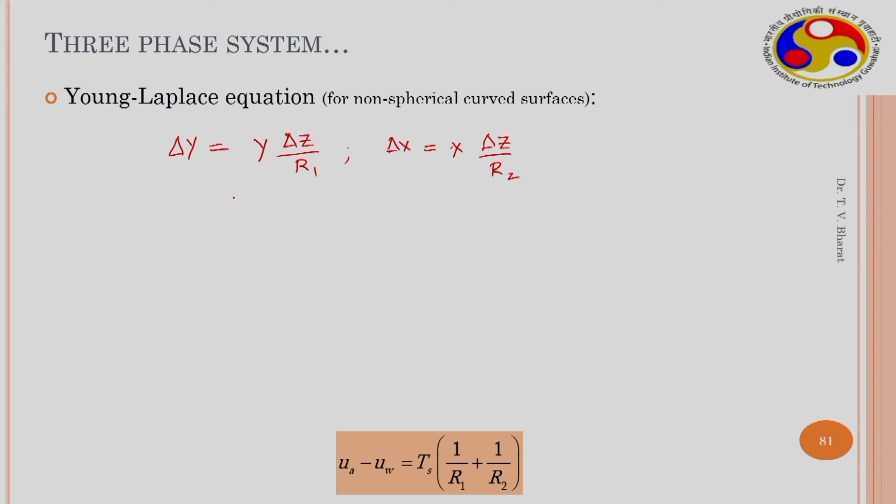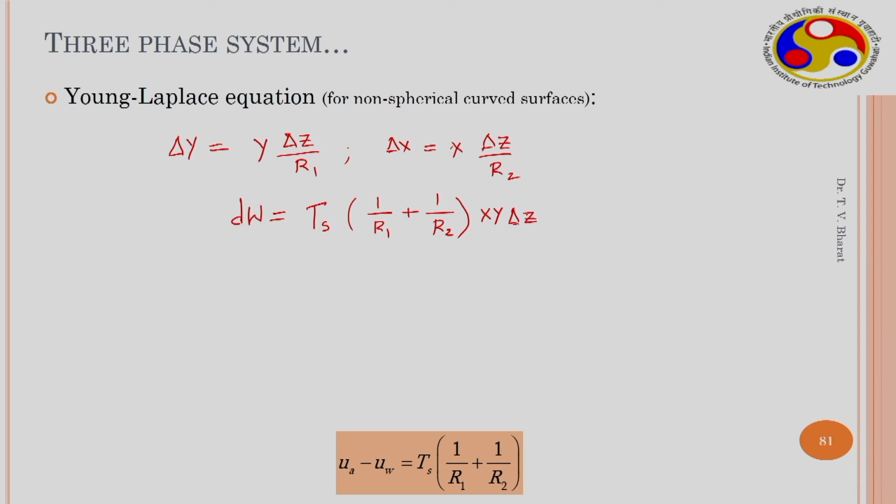So when you substitute this in the area and write the work done, this is equal to Ts times (1 over R1 plus 1 over R2), and the xy terms you can bring out, and you have the delta z term.